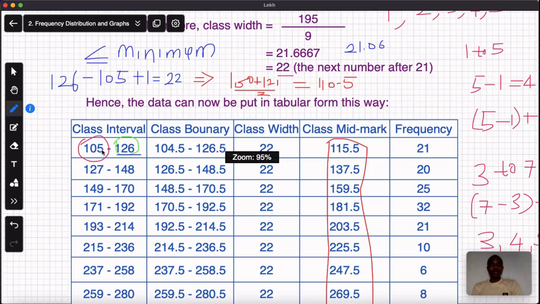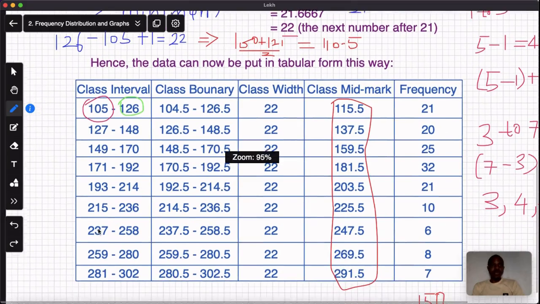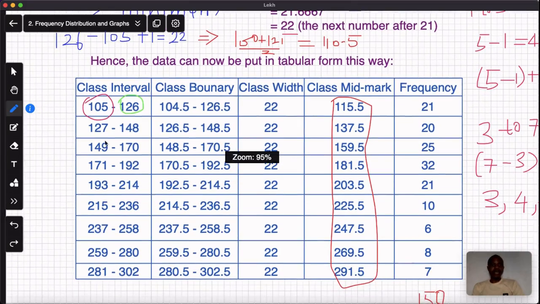Don't forget about that, please. But now for the second class, 105 plus 22 gives us 127. So add 22 to 127, that will give you 149, and keep adding 22 until you get to the last class. Don't forget there are 9 of them: 1, 2, 3, 4, 5, 6, 7, 8, 9.